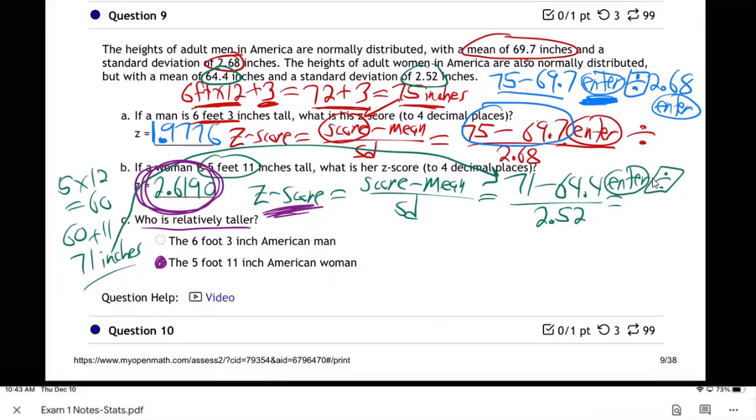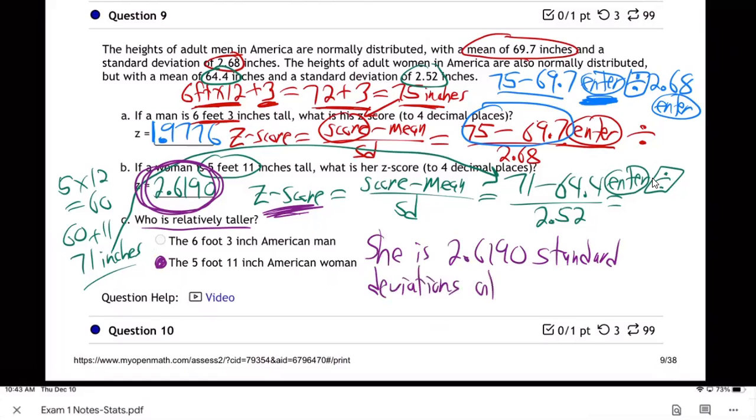It is telling you how much you are above or below, if you're negative, you're below, the rest of the people in your group. 2.619 means she is 2.619 standard deviations above average, because it's positive.